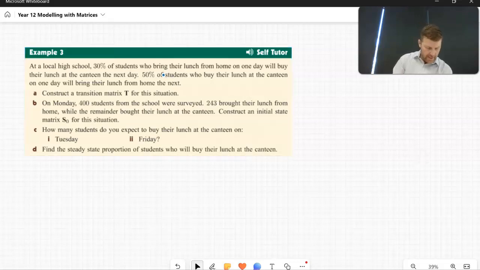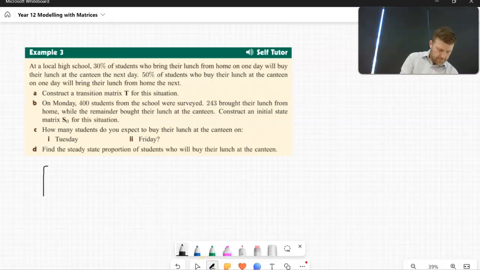So let's look at a transition matrix that shows, in the first column, let's say home, and in the second, canteen.